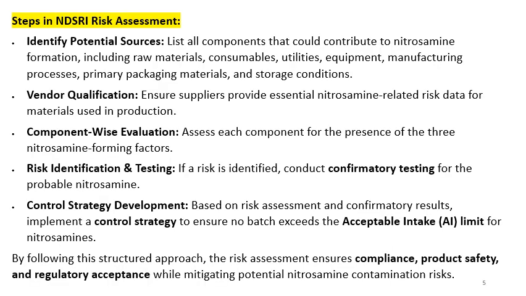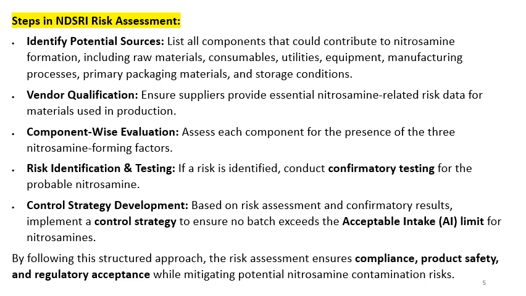Now come to the steps in NDSRI risk assessment. First, we have to identify the potential sources of nitrosating agents, which may be raw materials, packaging materials, some storage conditions, equipment, and processing parameters. Then vendor qualification.